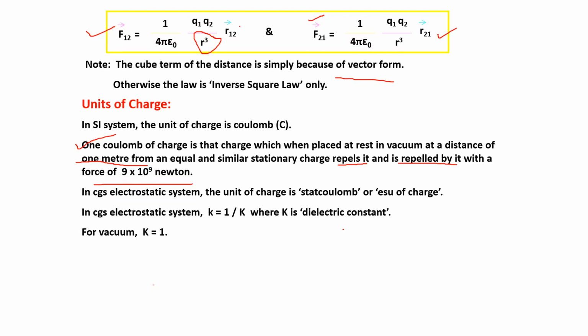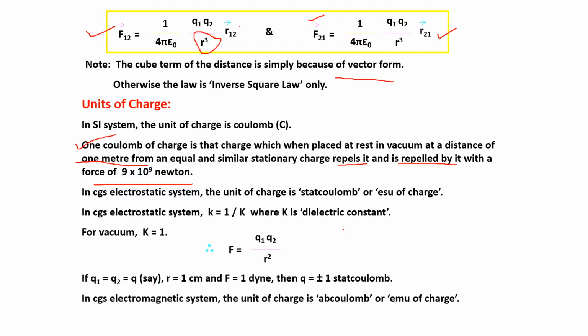This is in the CGS system. If Q1 equal to Q2 equal to Q, R equal to 1 centimeter, and force is taken as 1 dyne, then charge Q will be equal to 1 stat coulomb. Electromagnetic unit of charge is equal to electrostatic unit of charge.